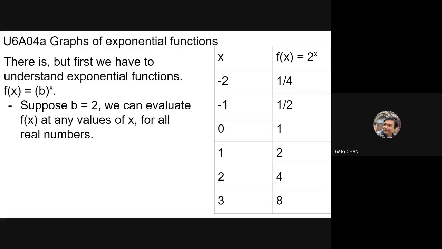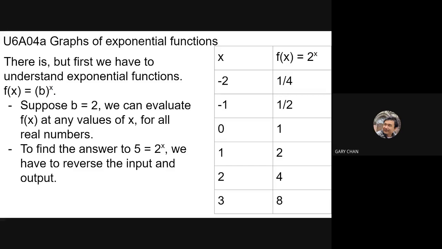To say that in a more logical manner: for what values of x will generate an exponential value of 5? 5 is really our input. We're reversing what is considered an input and what we are considering an output here. So our input is actually going to be 5, and our output will therefore be x, so that we can then solve this systematically.